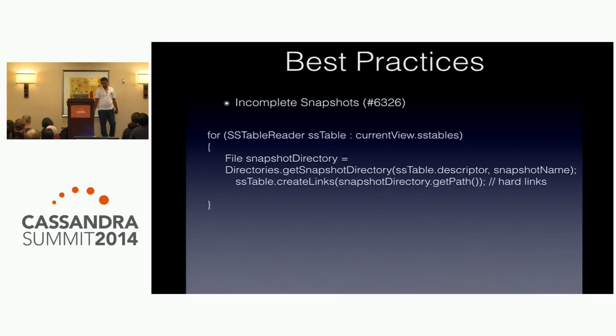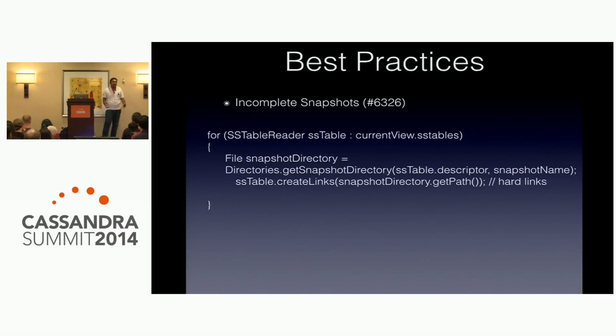So this is the code I got directly from the code base before my fix was in it. It looks very simple. You just iterate over all the SS tables and you create hard links on every SS table. But the problem here is if your Cassandra crashes in between this for loop, you will have an incomplete snapshot and you will have no way of knowing whether it's incomplete or not.